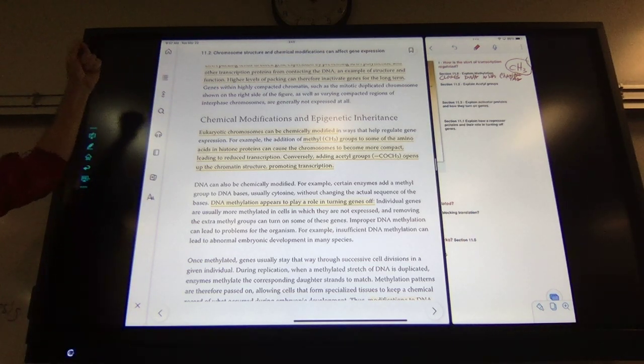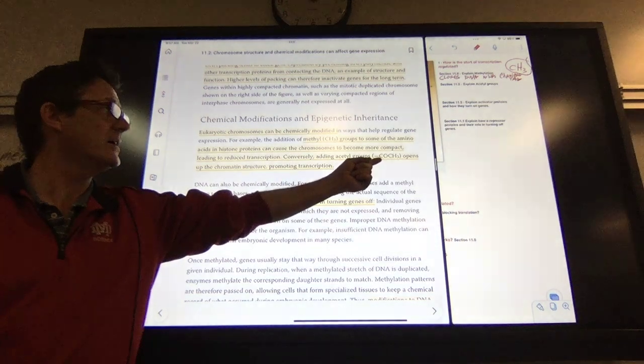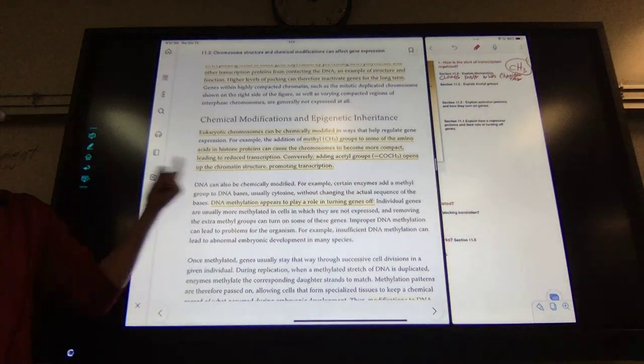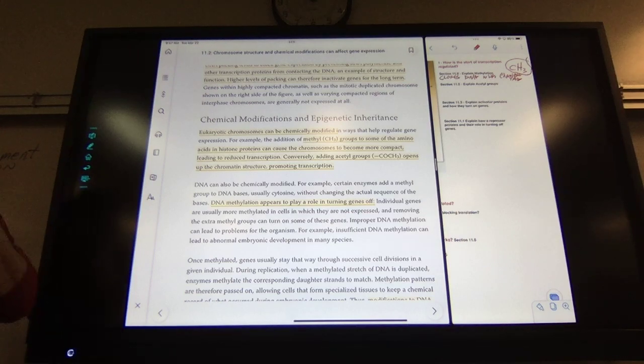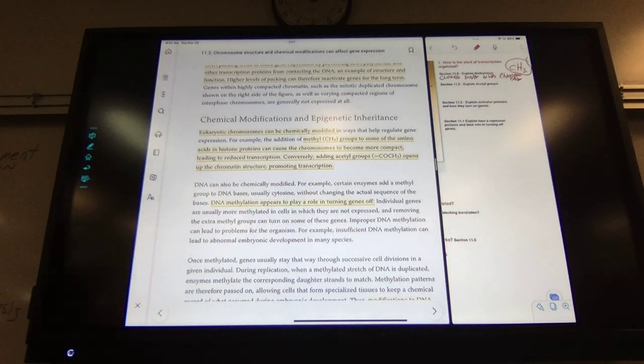You should follow along. Right here it says that it's another chemical and it opens up the DNA. And it's COCH3. I'm not going to test you on the chemistry of it. You're going to get plenty of chemistry later. So if you want to keep it generic and say it's a chemical that opens up DNA, you're golden.